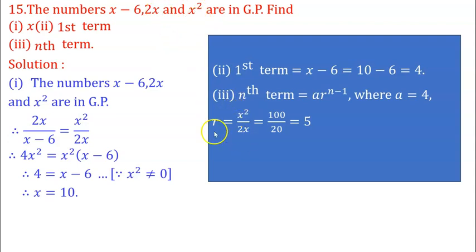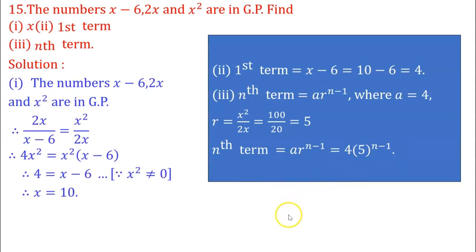The value of x is 10. 10 square means 100, and 2 into x is 2 into 10, you will get 20. 100 upon 20, r is equal to 5. And therefore, the nth term is equal to a into r to the power n minus 1. A is 4, the value of r is 5, that is 4 into 5 to the power n minus 1. Therefore, this is the nth term.